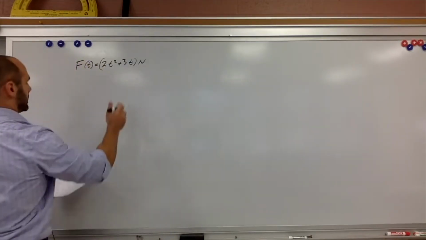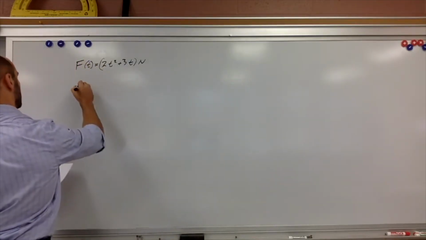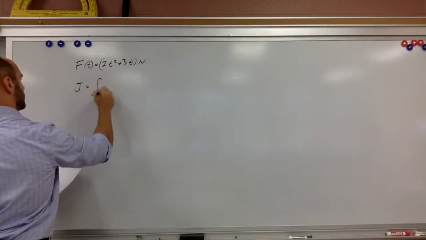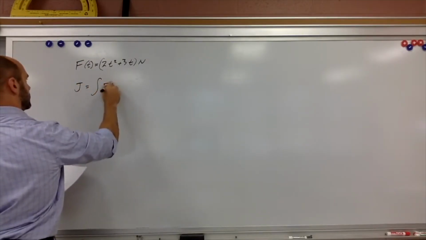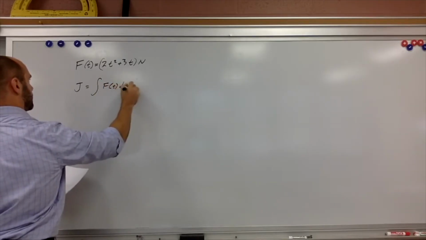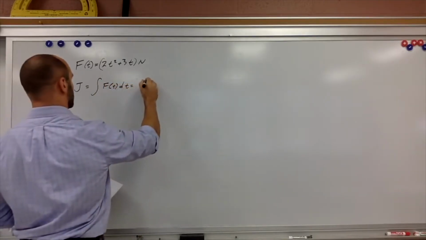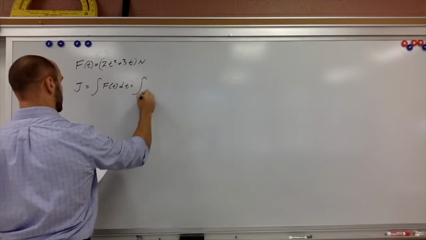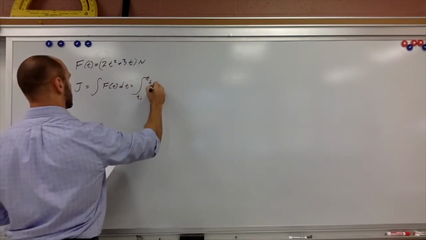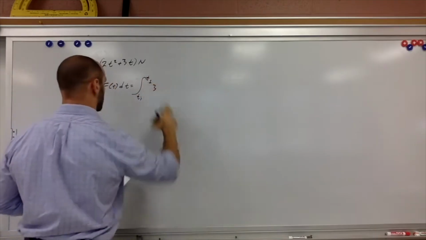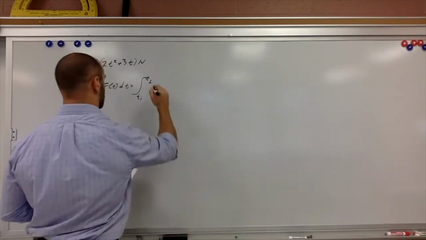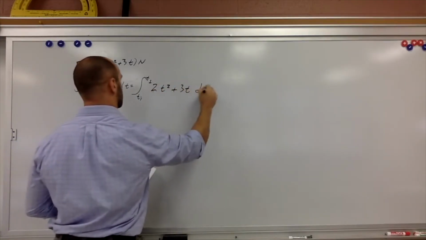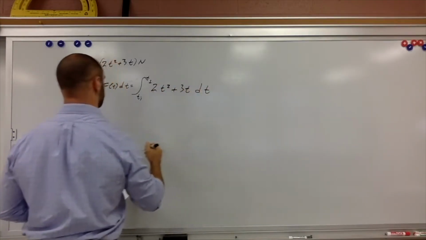All right. And here we're using calculus. The impulse, as we saw before, is the time integral of the force function. So this is going to be from Ti to Tf of 2t squared plus 3t dt.